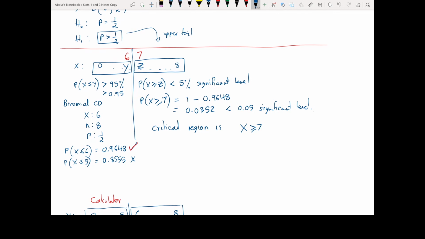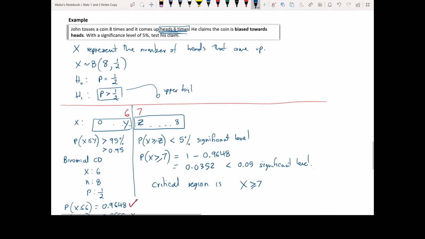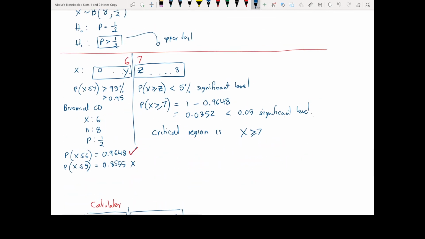We can then compare this to how many times heads actually appears. In the question, it says heads comes up 6 times. So we can write down: heads comes up 6 times in the test. Therefore, not in the critical region.